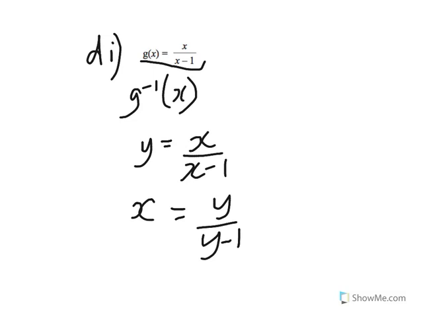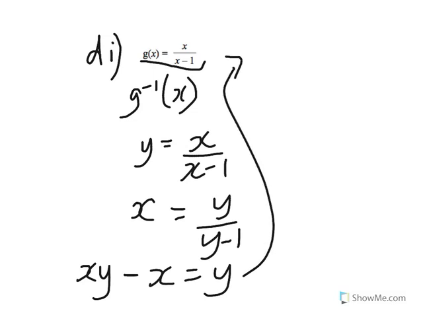Okay, so we multiply both sides by y minus 1, and I'm going to rush through this a bit, because I'm expecting you know this. If I multiply both sides by y minus 1, you get xy minus x is equal to y. Now if you add x on both sides and subtract y on both sides, you get xy minus y is equal to x.